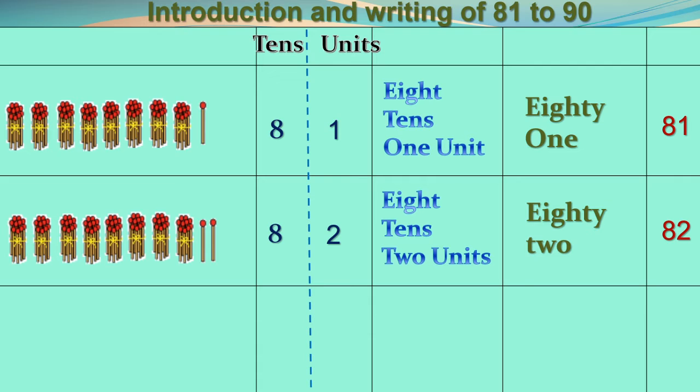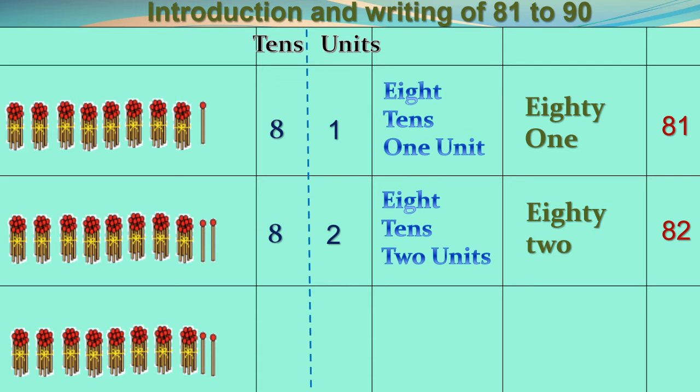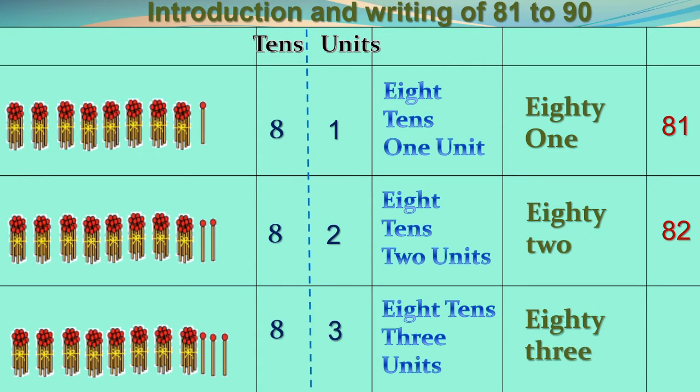Now we will take 82 matchsticks. We are going to add one more. So we got 8 tens and 3 units, right? Here it is. And the number formed is 83, right?